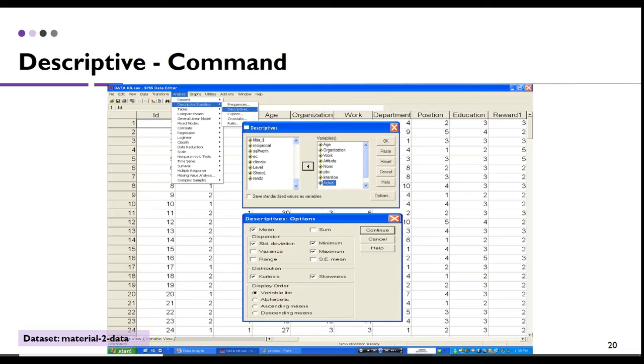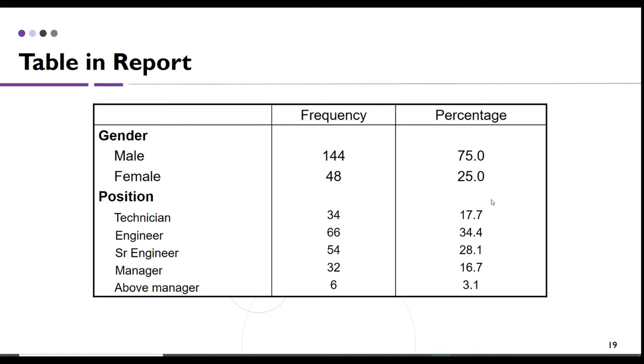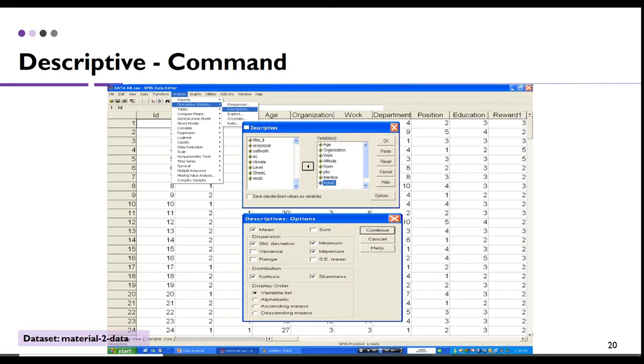For categorical data, yes, we can use frequency and percentage, or sometimes mode. But whenever you have continuous data, like age in years, you need to run descriptives again, and we want the mean, the standard deviation, and also sometimes skewness and kurtosis.